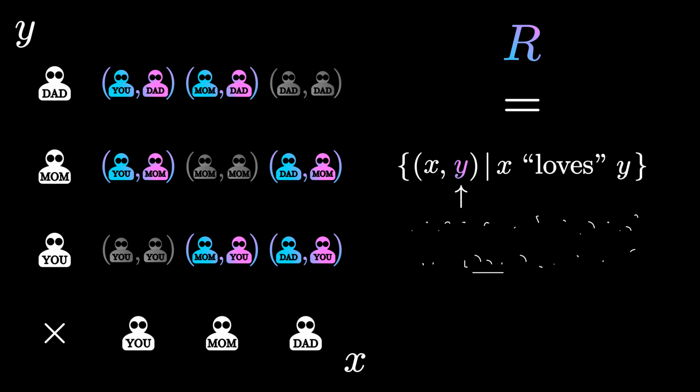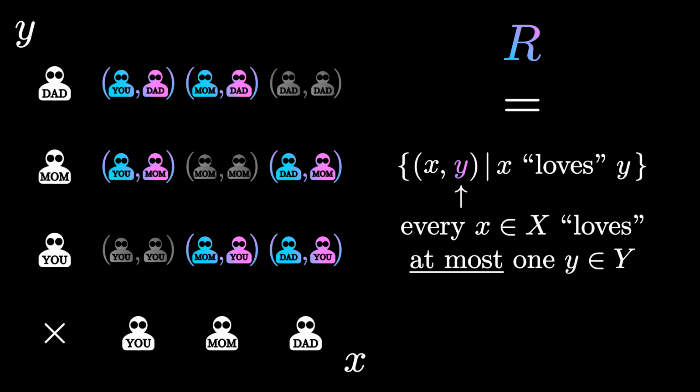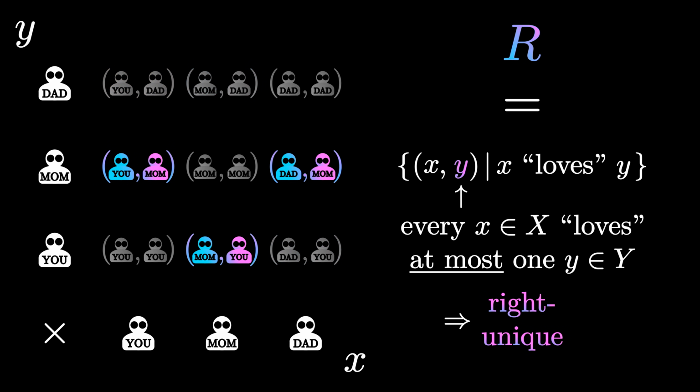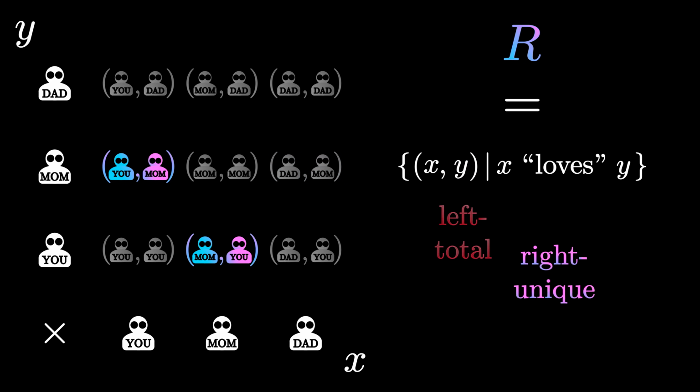And if every x loves at most one y, then the relation is called right unique. This relation is not right unique, because you love your mom and your dad. But you are not allowed to love both of them. The same applies to the other x's, by the way. This relation, on the other hand, is right unique, or this one. But this one would not be left total.